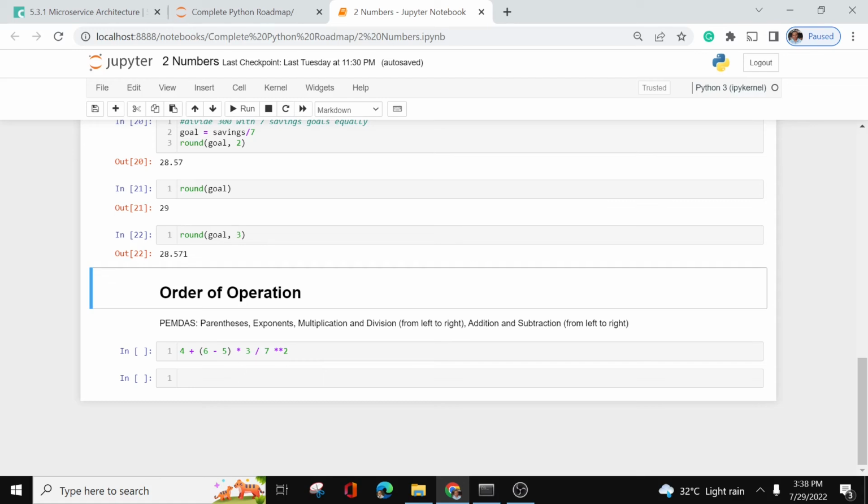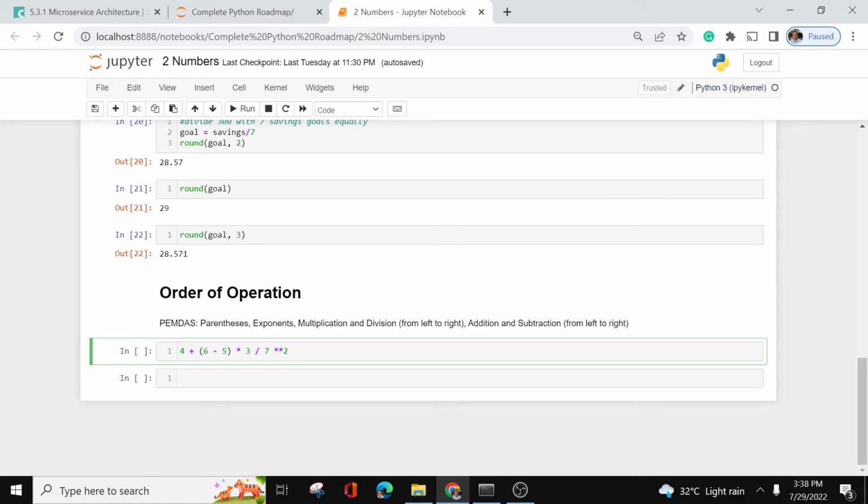So let's execute this one. Let's first study the series. You can see we have 6 minus 5, which is enclosed in parentheses, and then that is exponentiated by 3, and then divided by 7. And then 7 here is in the root 2.